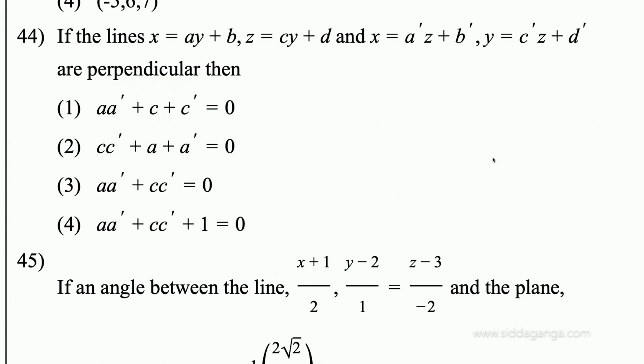So 43 is, sorry, the 44th question, right.